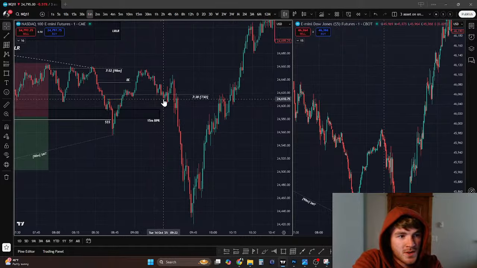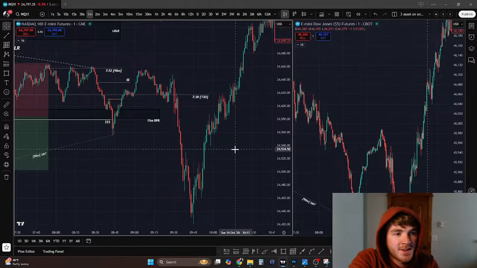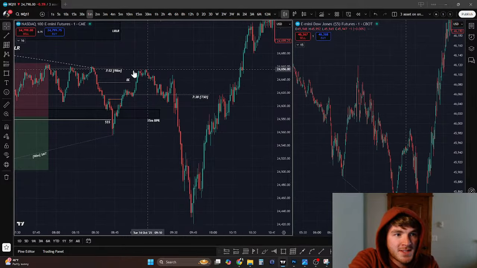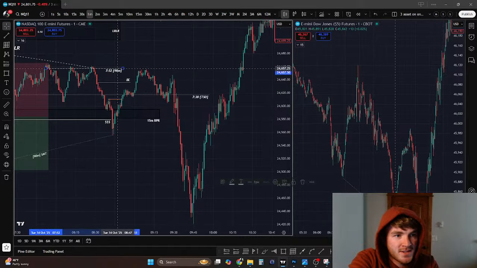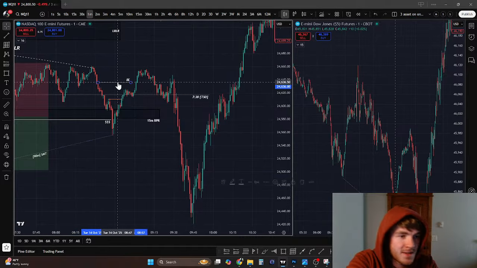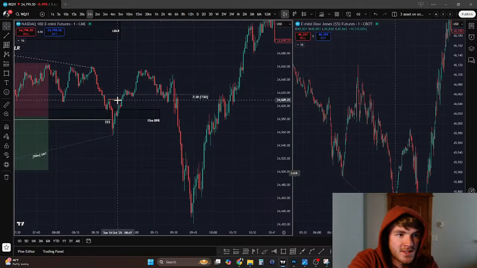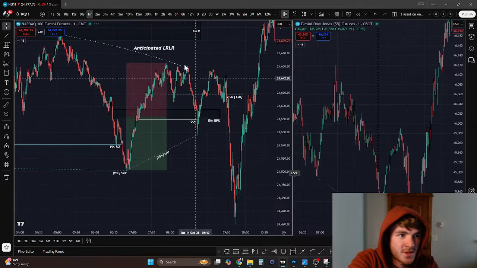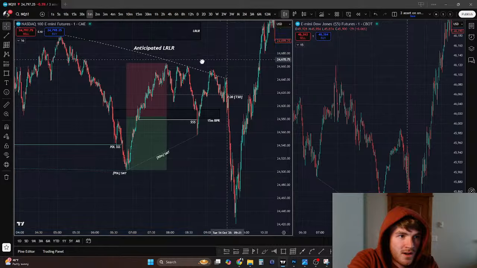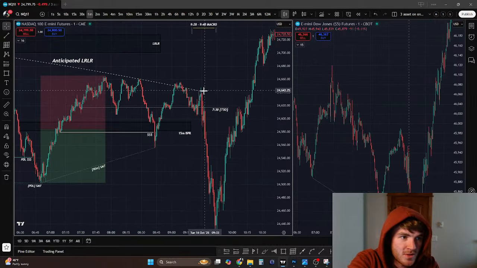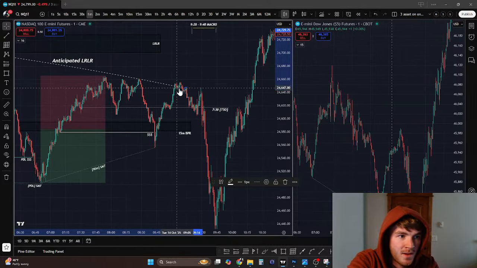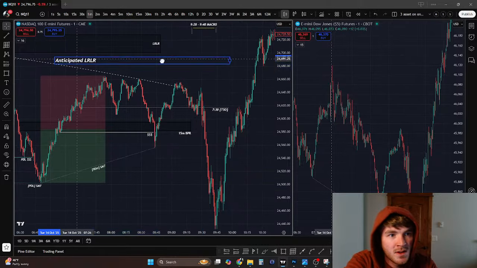Man, I was so close to having the right idea here, but I missed these SMTs at the highs. I missed the bearish SMTs up against this high resistant liquidity. I was anticipating this to be low resistance, but we had two bearish SMTs here, a 22-minute one and a 90-minute one.